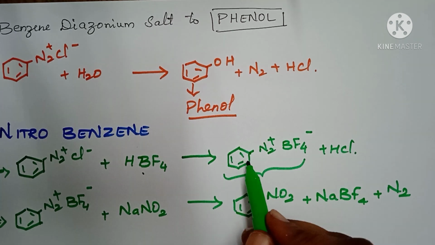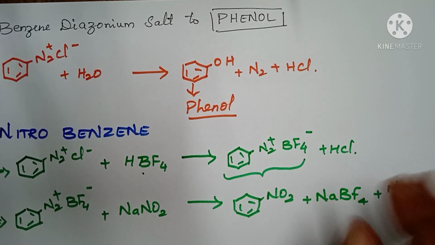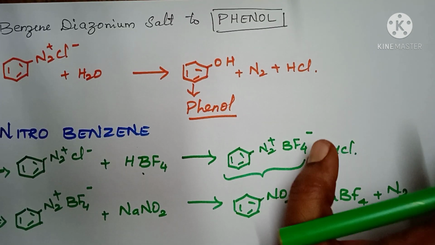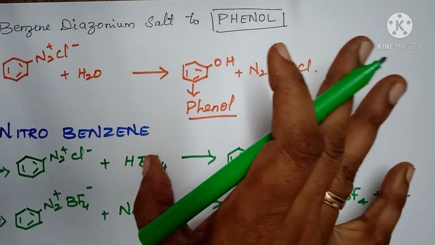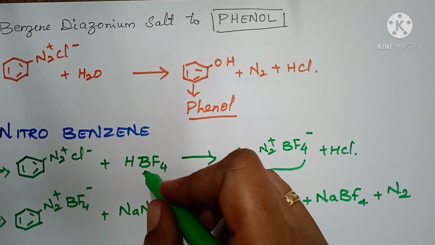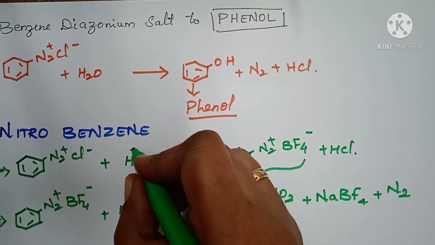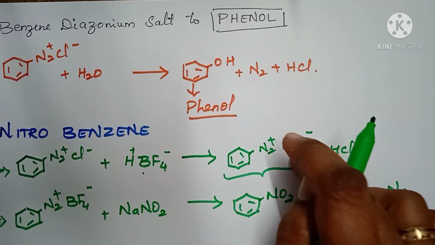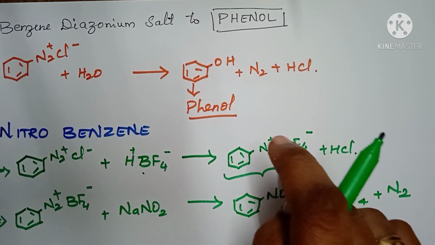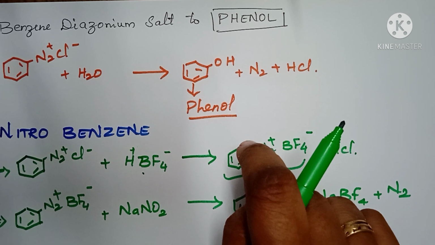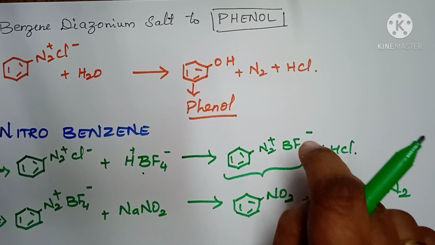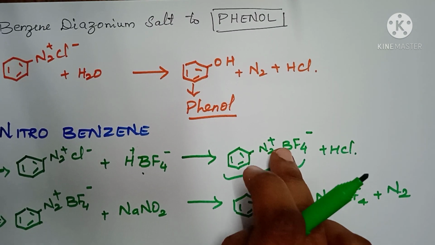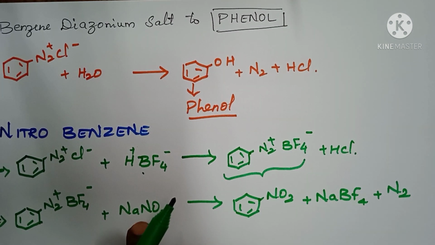Chloride ion is not available because HCl has gone from here. In this, this part is plus and this is minus, so the fluoroborate is connected with this part. So this is benzene diazonium tetrafluoroborate.